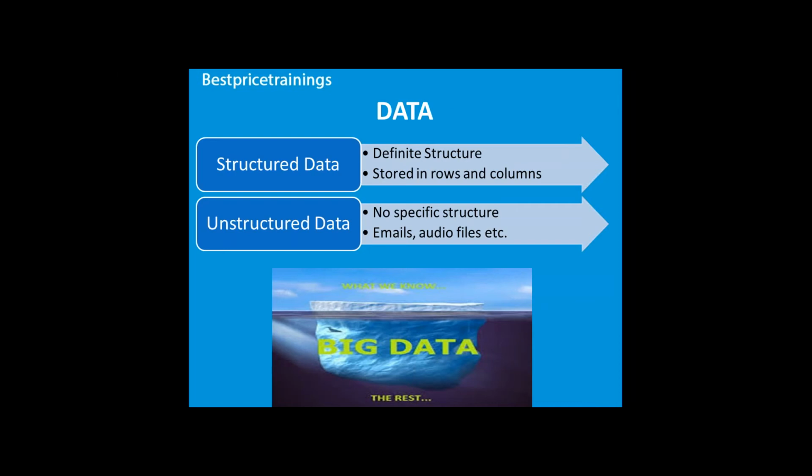Unstructured data does not have any specific architecture, and we cannot store it in the form of rows and columns. Examples are emails, documents, audio or video files.